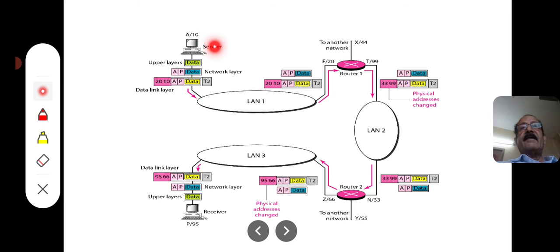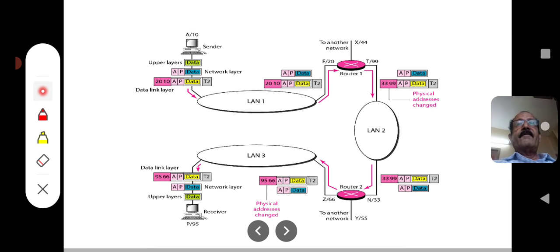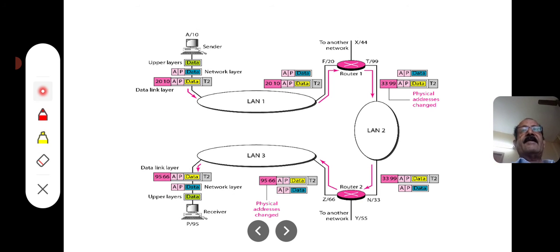A, the sender, the application layer generates data. Then the network layer adds the logical address, that is the IP address of the sender and receiver. So from A to P, A is the sender IP address, P is the receiver IP address.